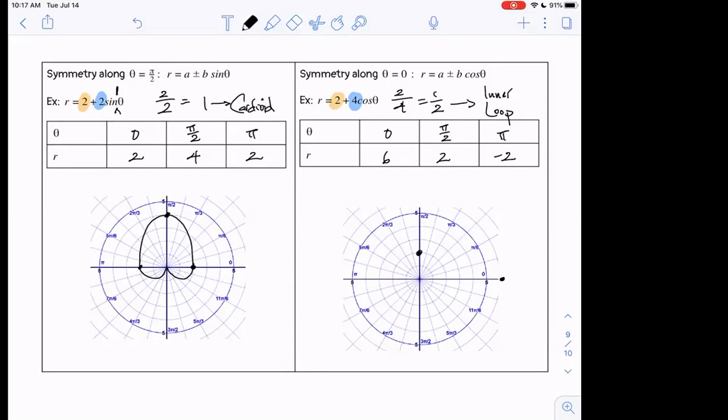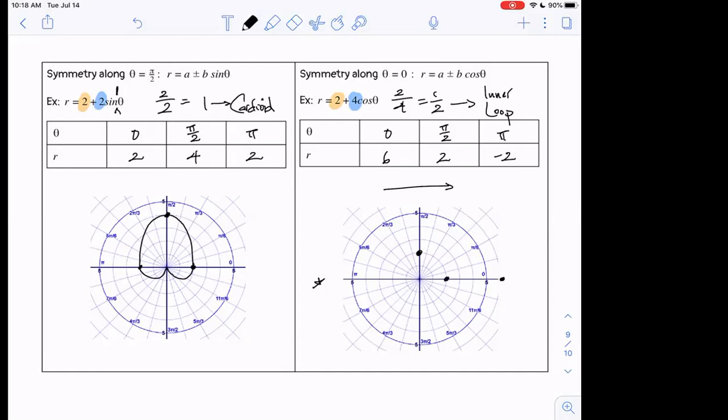Pi would be here, but I need to go -2, which means I'm going in the opposite direction. And so that would get me right here as the third point.